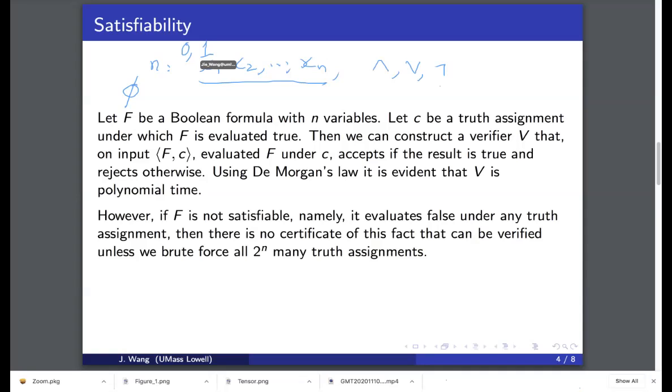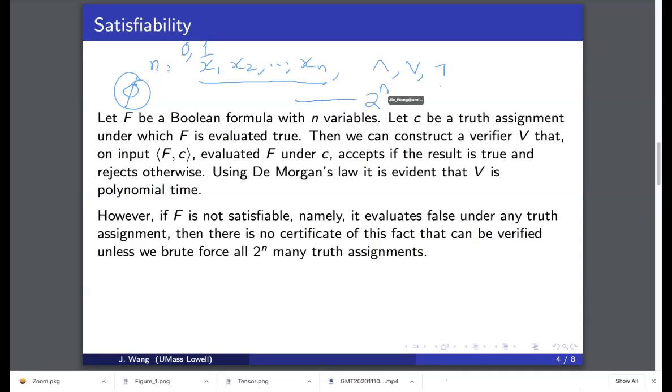We find a truth assignment for each variable, and then under that truth assignment, we evaluate this Boolean formula to see whether it returns true. So if you want to search all possible truth assignments, you have 2 to the n many.